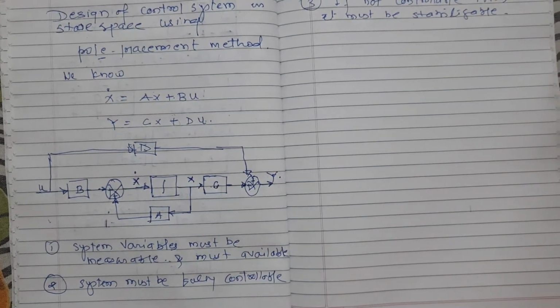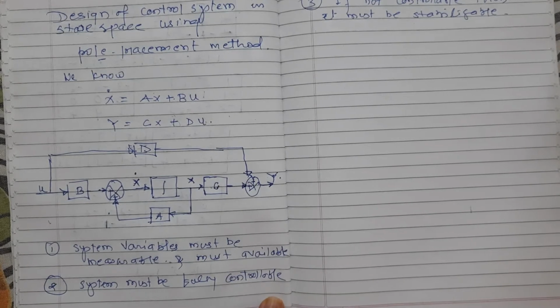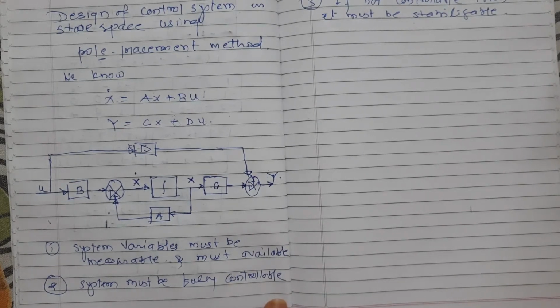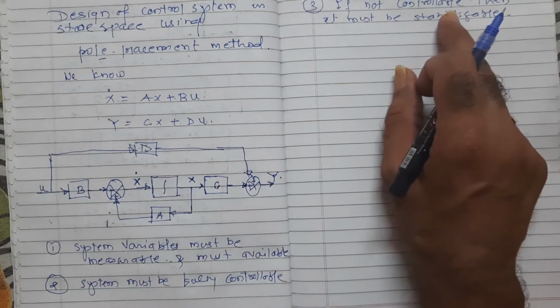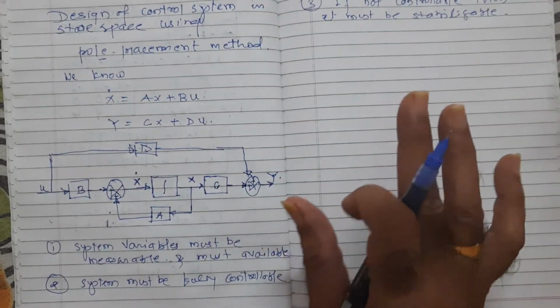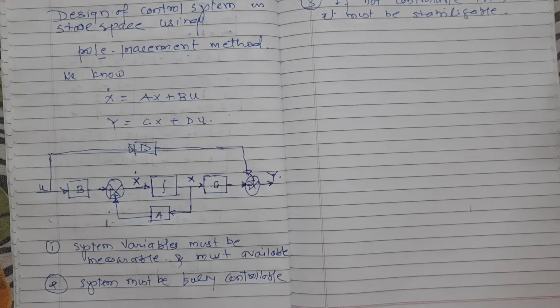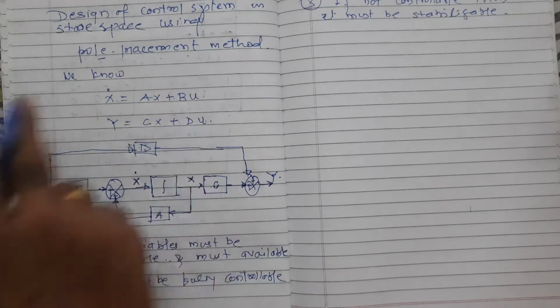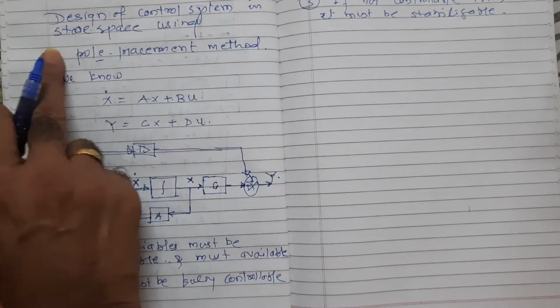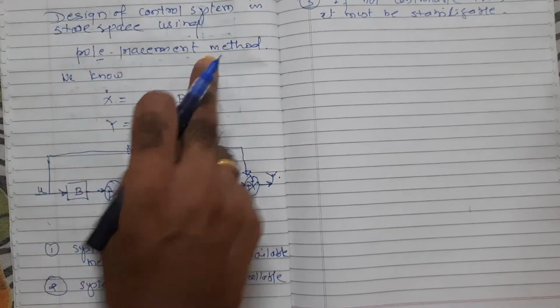If the system is controllable, that means it is stabilizable. But if it is not controllable, even then we can have a stabilizable system. So if it is not controllable, then it must be stabilizable. That means my system must be stabilizable at least. Then and only then can we design the control system using the pole placement method.